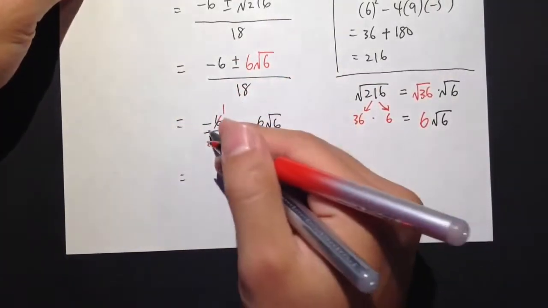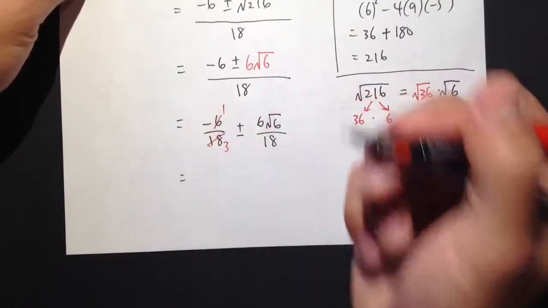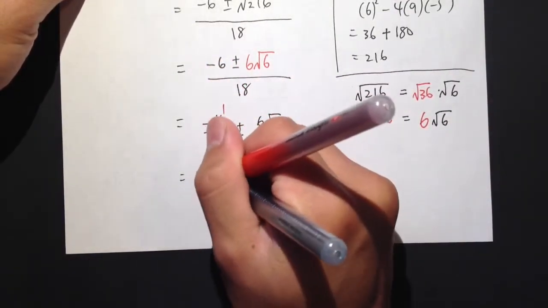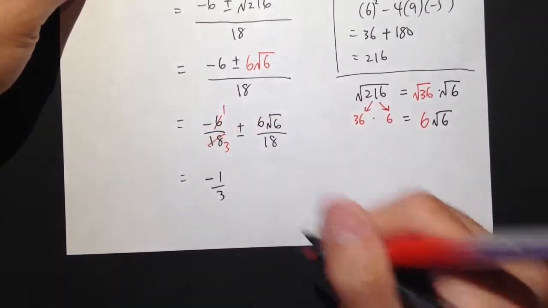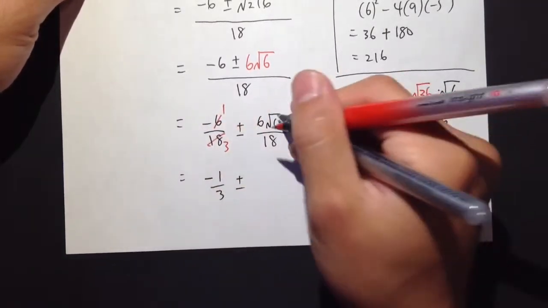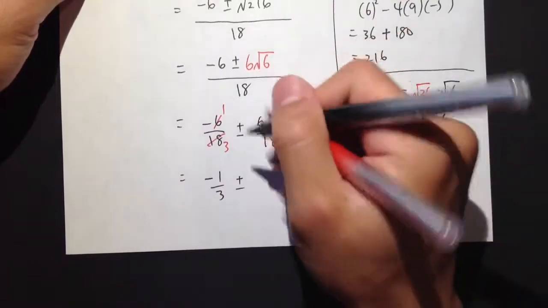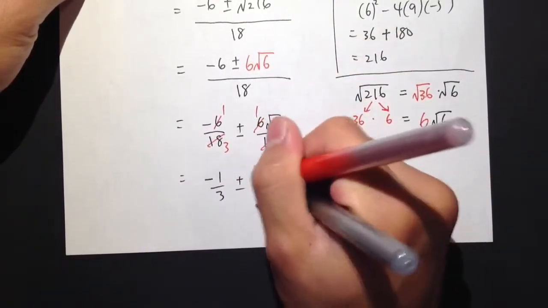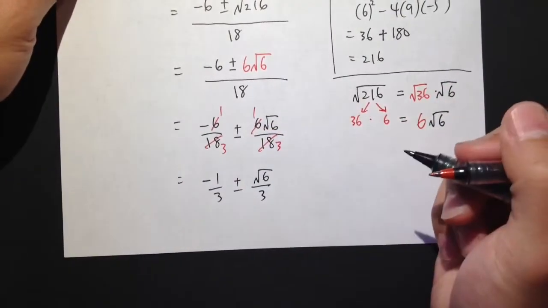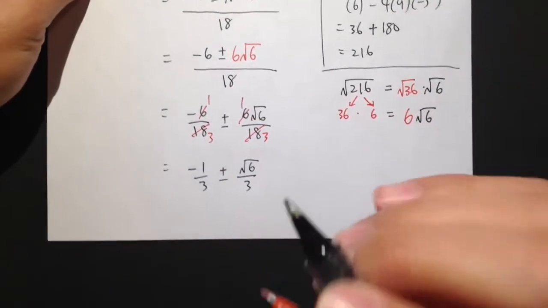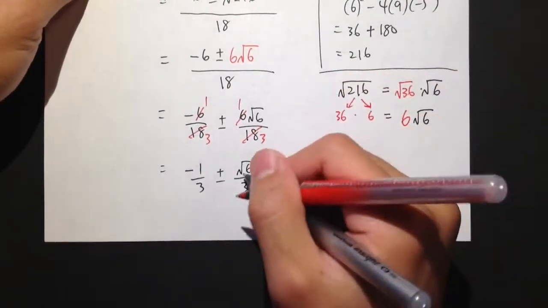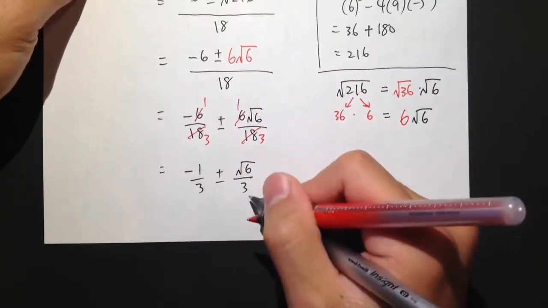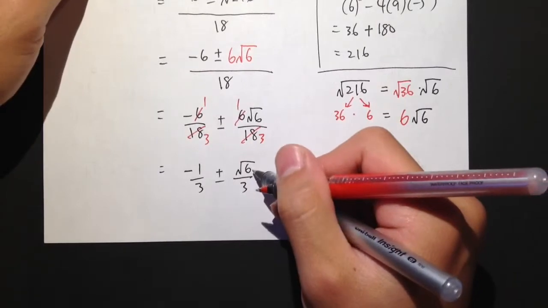But I noticed that that was a negative, so the correct answer will be negative 1/3, plus minus, right here I have 6 over 18 again, cancel, square root of 6 over 3. Okay? And you have to be really careful that in square root of 6 over 3, this 3 is not under the square root, but this 6 is.